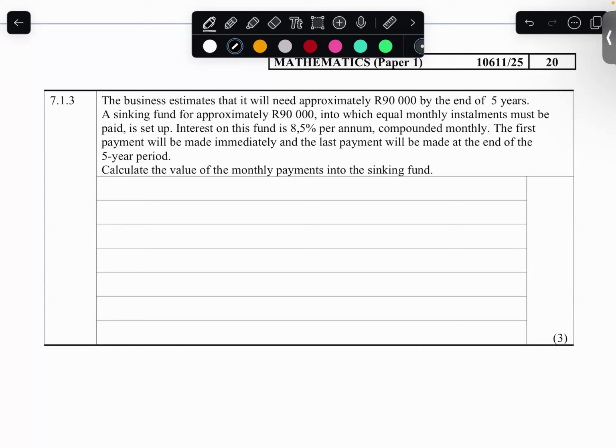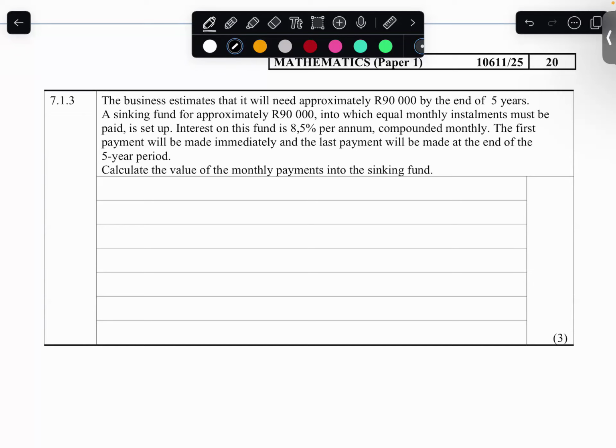If it's made at the end of the month, the first payment, and the last payment is made at the end of the month, then there's no added payments. It's a perfect amount of months.